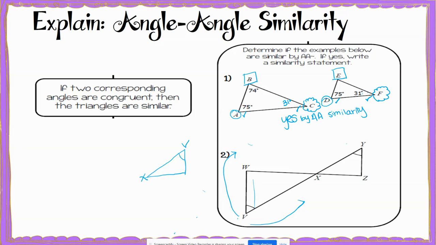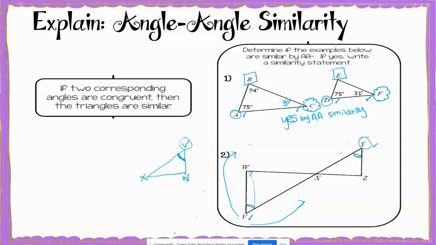And V, even though we don't know what it equals, we know that it is congruent to Y. And then that leaves us with W flipping down here. Now, if I compare this to this one, I can see that V and Y are corresponding angles, and I know that they are congruent because of this. This and this tell me that these angle measures are equal. So I know that V and Y are congruent angles.